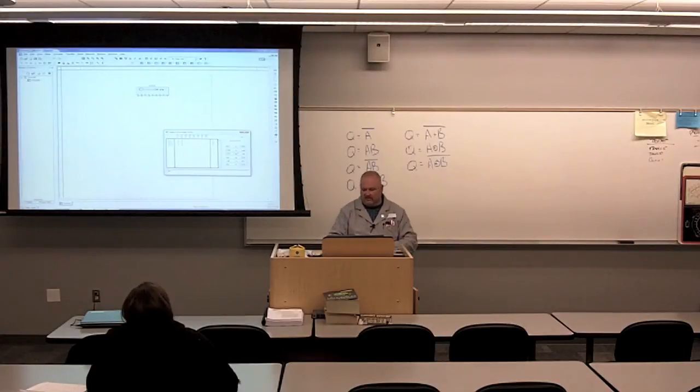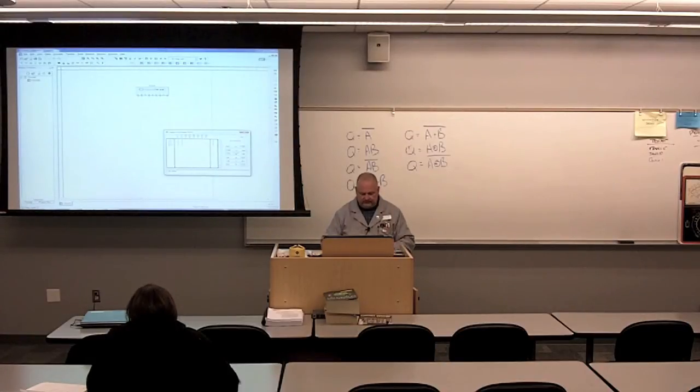Apostrophe, excuse me. I don't even know my keys here. Apostrophe. Okay. Or A apostrophe and B and D. So let's just review this. A and B not, or A not and B and D. Okay?